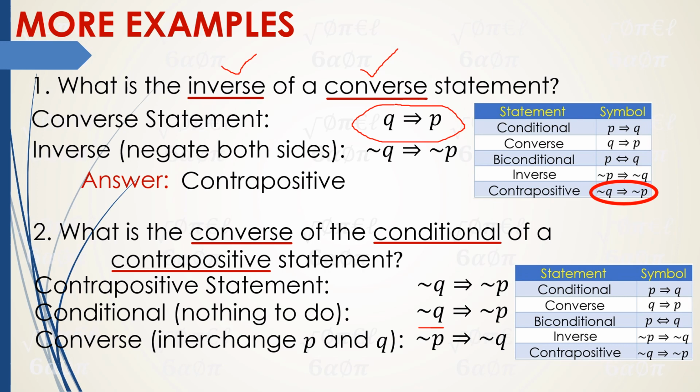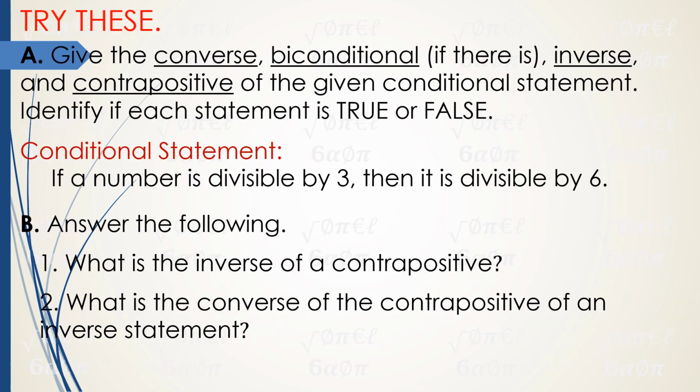So, going back to the summary, ano po yun? Not P and then not Q. So, ano siya? It is the inverse. So, therefore, the converse of the conditional of a contrapositive statement is an inverse statement.